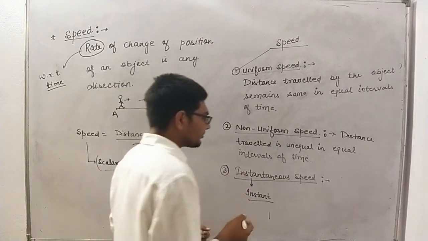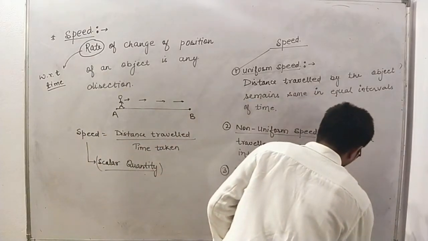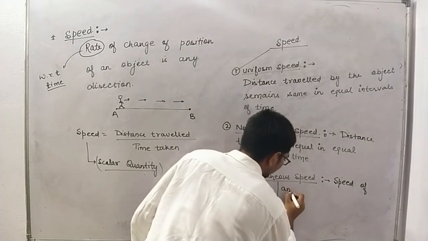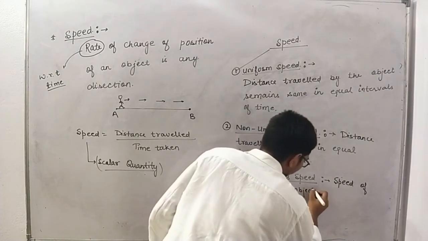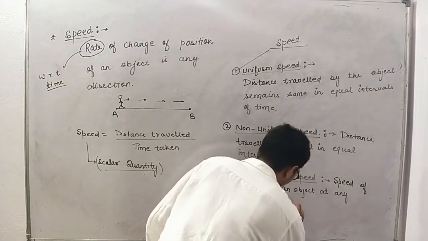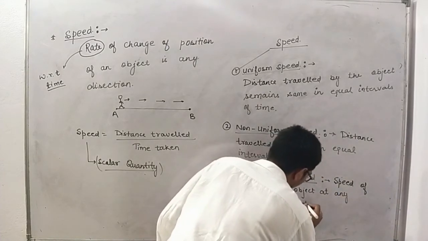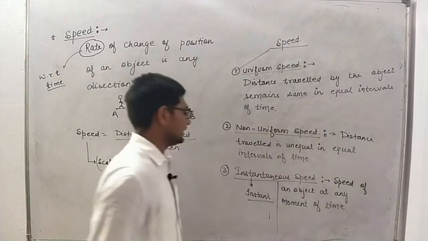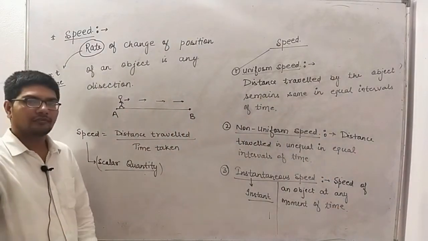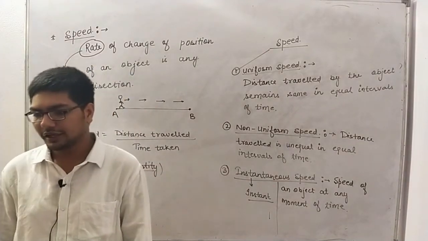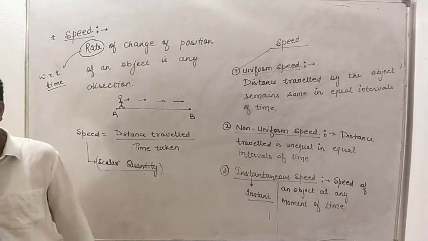So the speed of an object at any moment of time is known as instantaneous speed, right? Next is average speed. Now we will see about average speed.